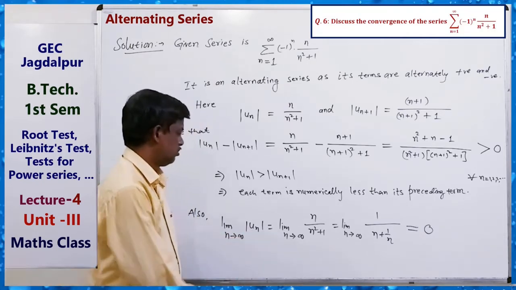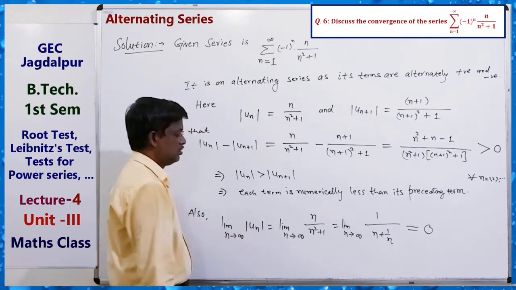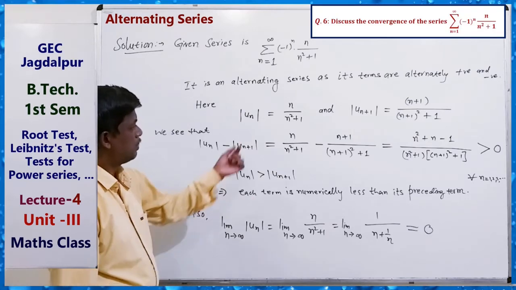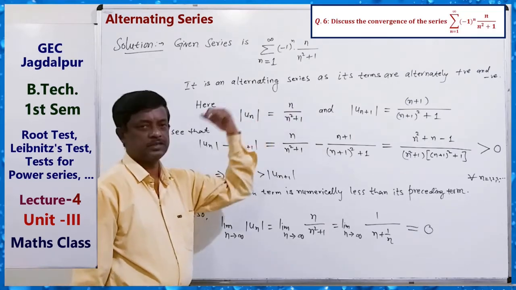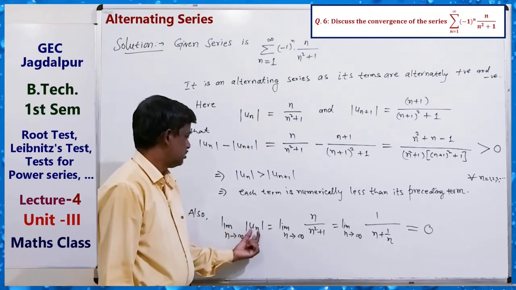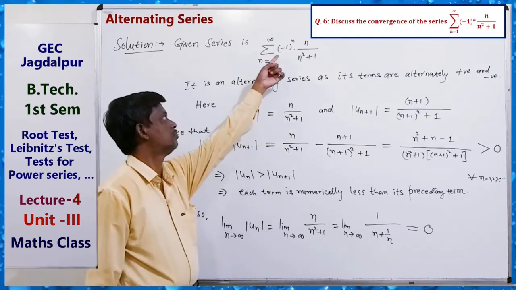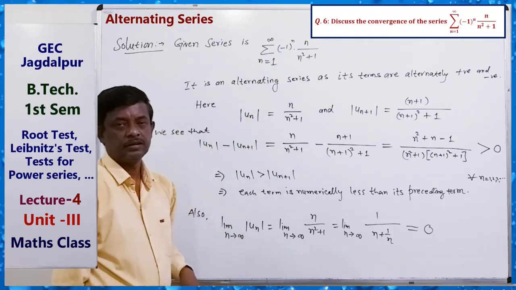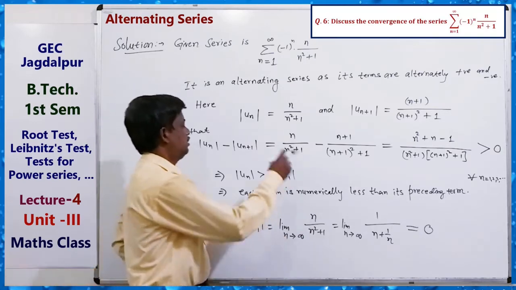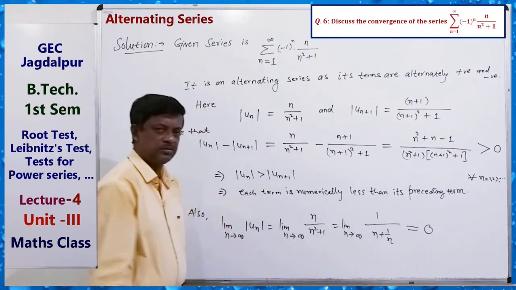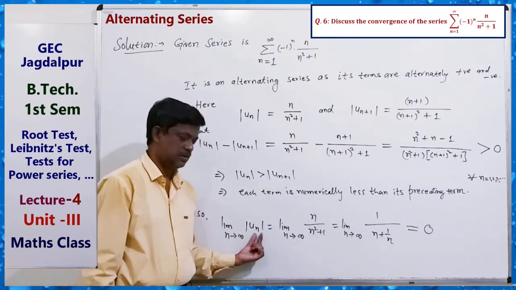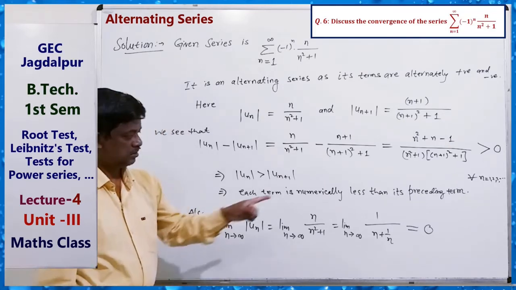Un, you can also write mod un, tending to 0, or only un, that means with sign. But for testing we can take mod un.